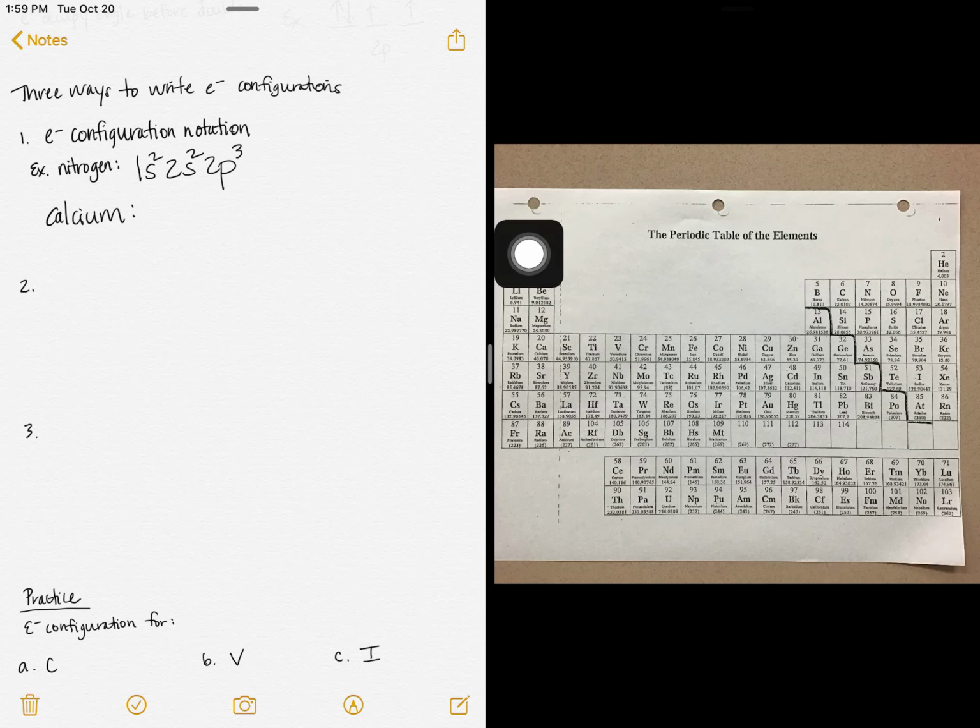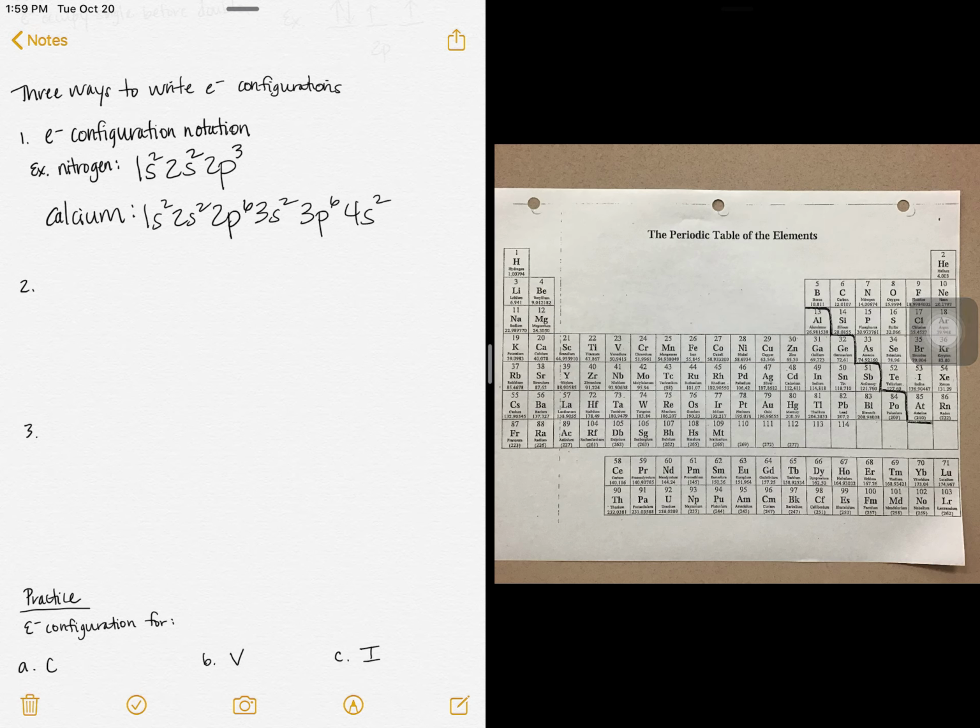If I'm going to calcium, who's right here, I first go through the 1s, and it is full with 2 electrons. Remember, all I'm doing is counting, 1 and 2, followed by the 2s, which is full with 2 electrons, followed by the 2p, which is full with 1, 2, 3, 4, 5, 6, followed by the 3s, which is full with 2 electrons, and the 3p, which is full with 6 electrons, and then the 4s, which has 1 and 2.